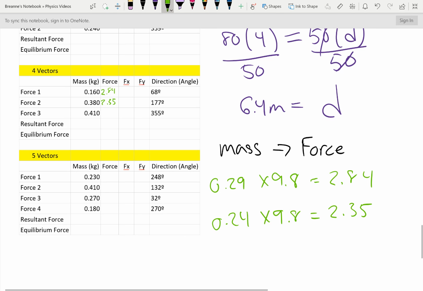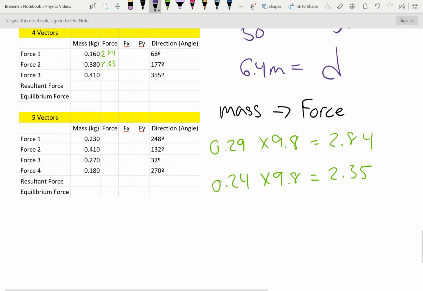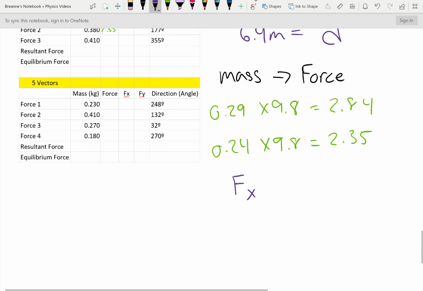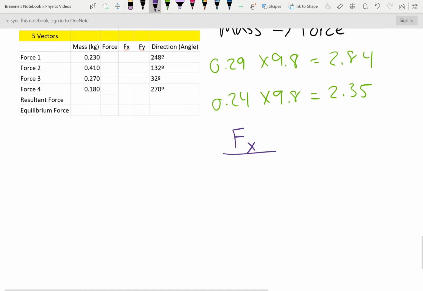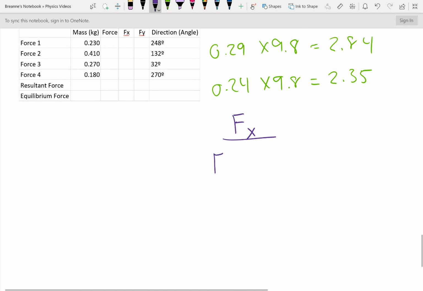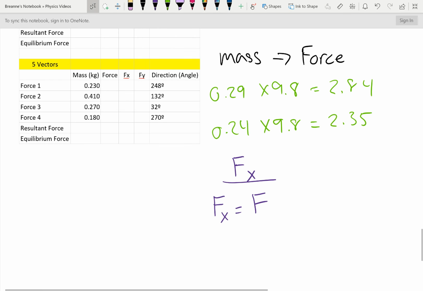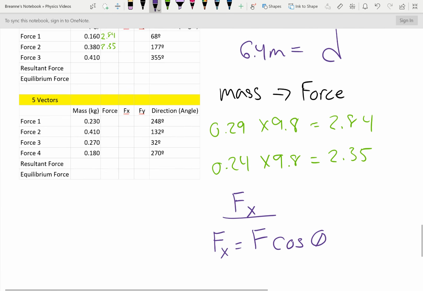Now, to get your force in the x, hopefully you noticed in your homework that you can actually just use the force of your x equals the force that you just solved for times cosine of whatever angle we give you.